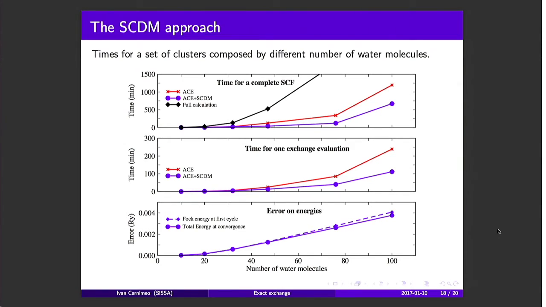And if you take a good choice of the threshold, this error is quite small, because here we have it on the order of 10 to the minus 3 Rydberg, and you have to think that with 100 water molecules, the exchange energy is something like hundreds of Rydberg. So the error is really small in this case. It depends, of course, on the threshold.